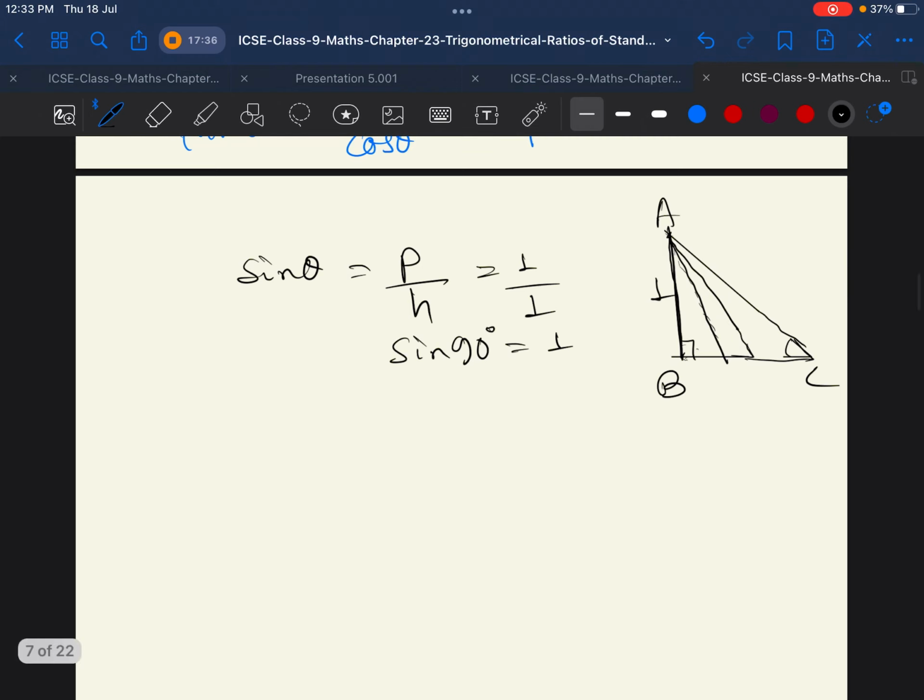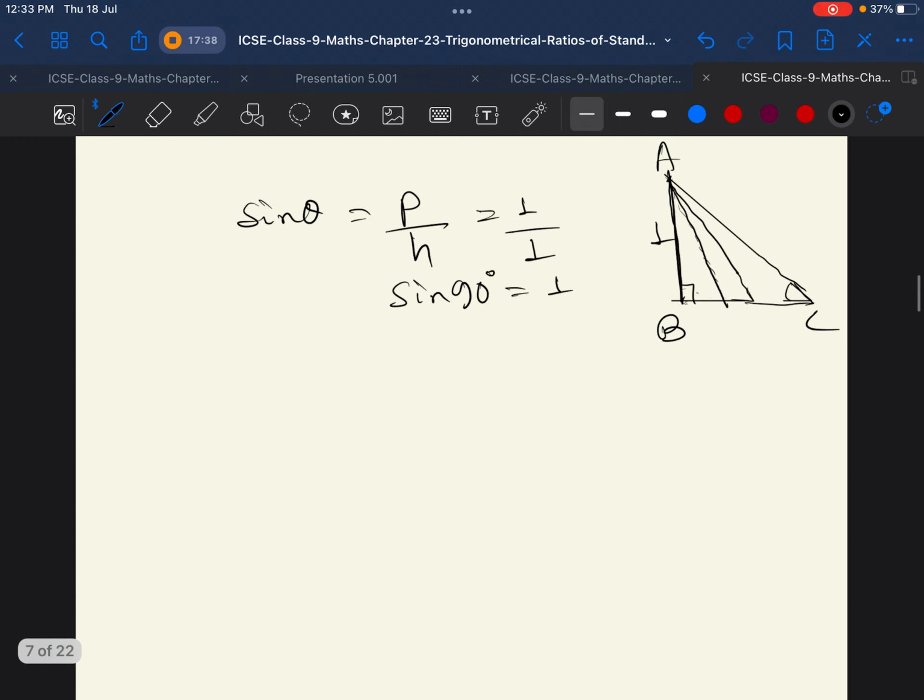Here you see 3 laws. First law: sin square A plus cos square A equals 1. This is the most important law. You must remember these laws.